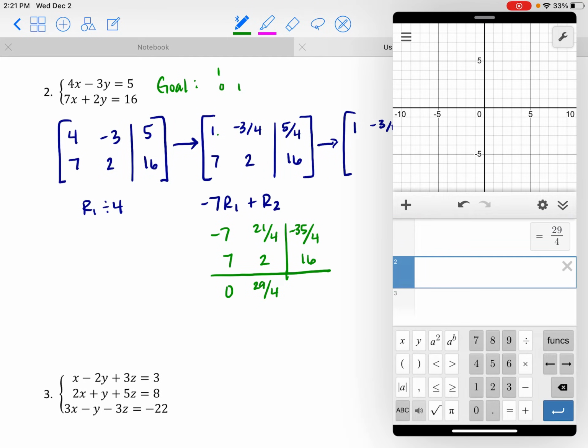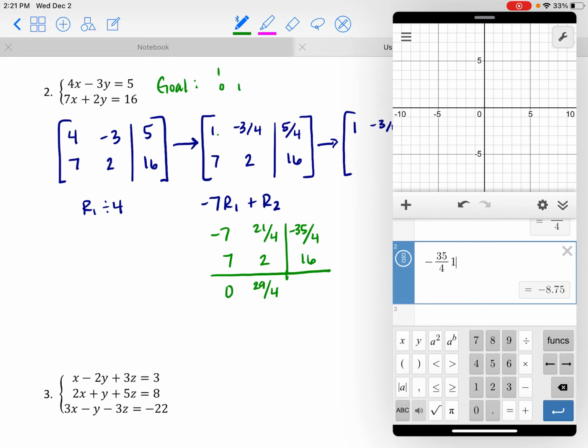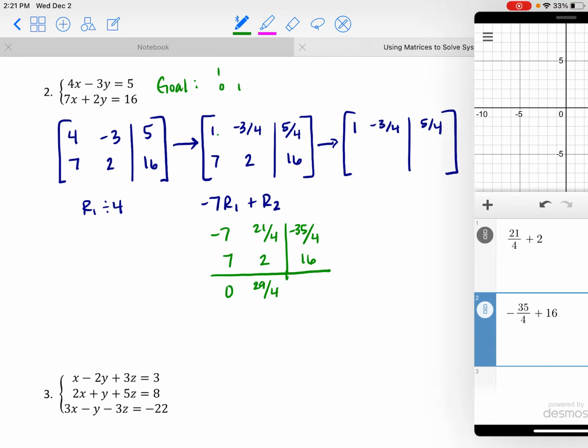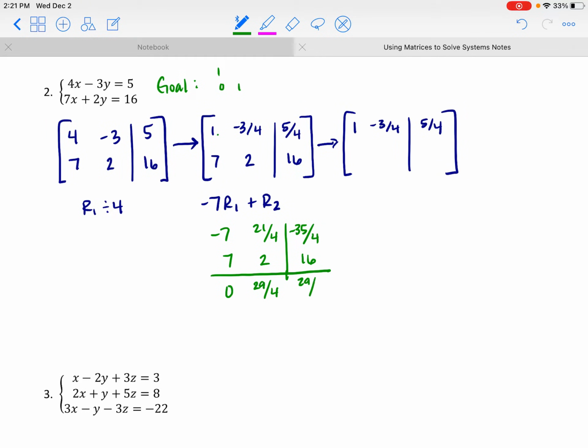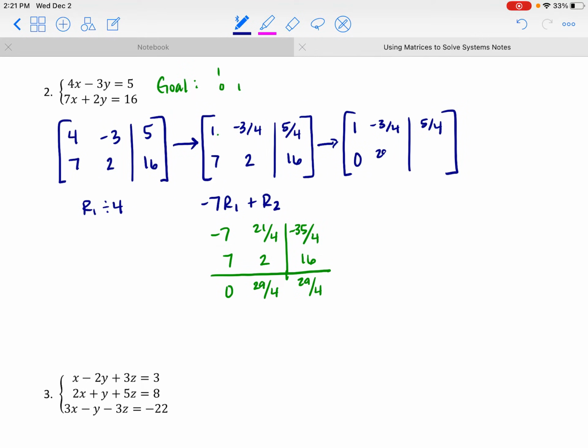And then -35/4 plus 16 is going to get me 7.25, so again, 29/4. So I end up with 0, 29/4, and 29/4. And just to complete the process here, I'm going to go ahead and get my last one, although I can see the answer at this point, and if you could too, that's totally fine.